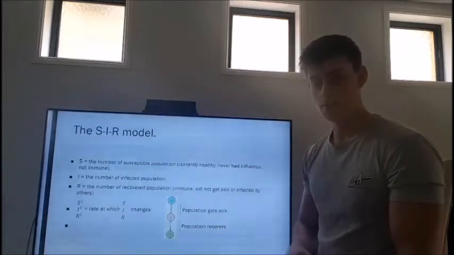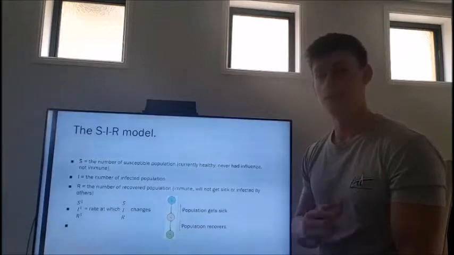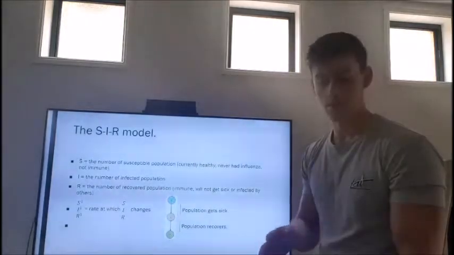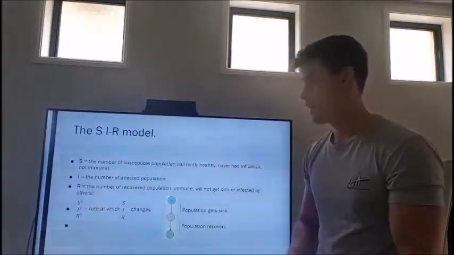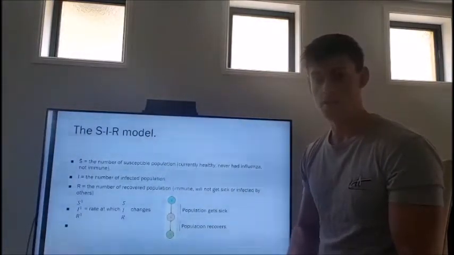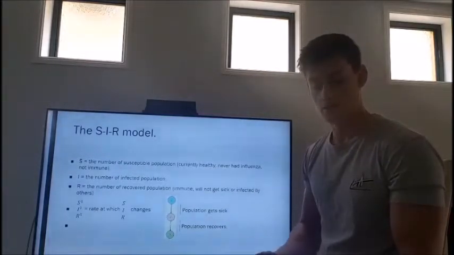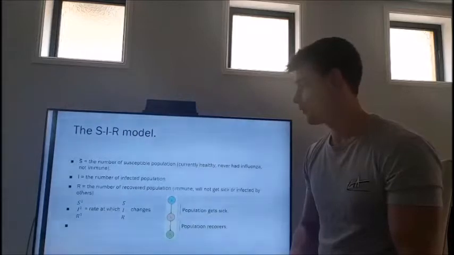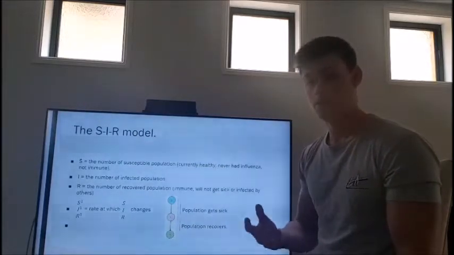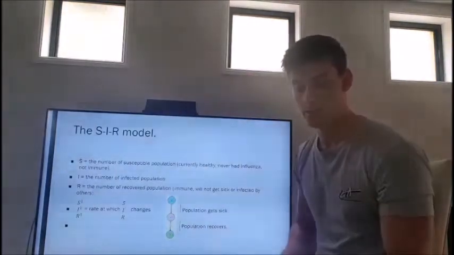By breaking the population into a three-group setup, it is possible for us to keep track of the rate at which these populations are going to change. We can say S prime, I prime, and R prime are equal to the rate at which the SIR model changes. Moving from the S population to the I population is the amount of population that gets sick, and moving from the I to the R is the amount of population that recovers.